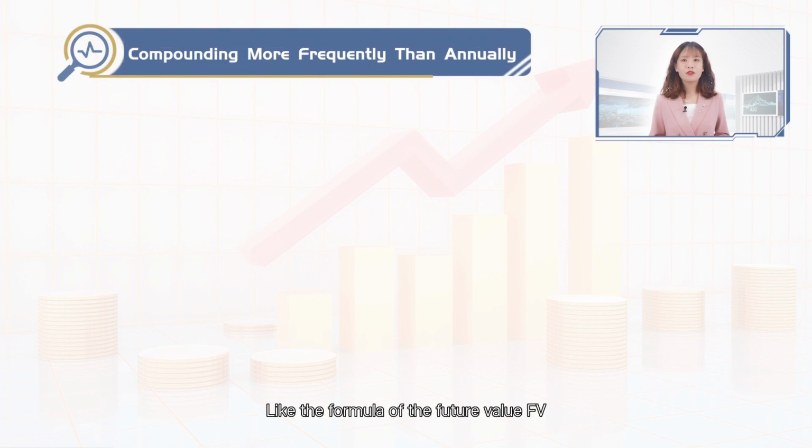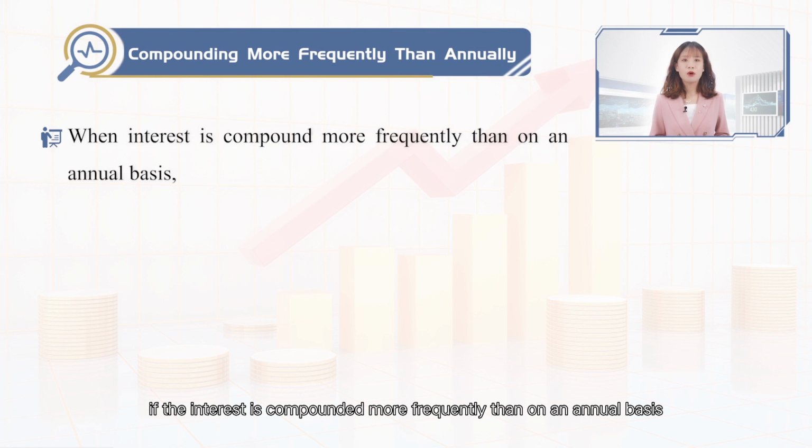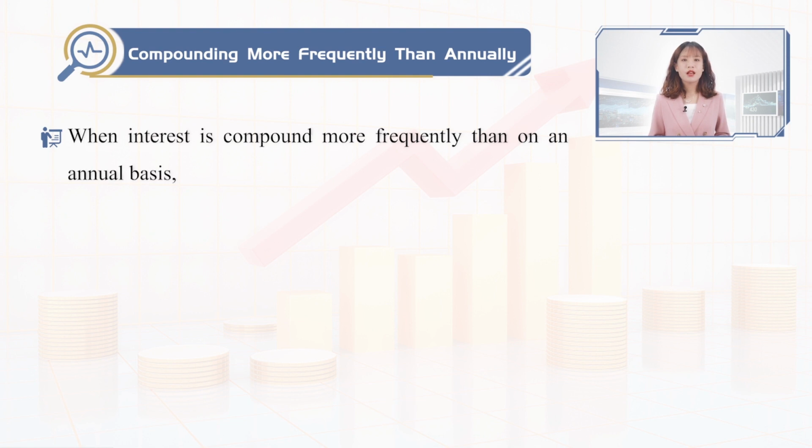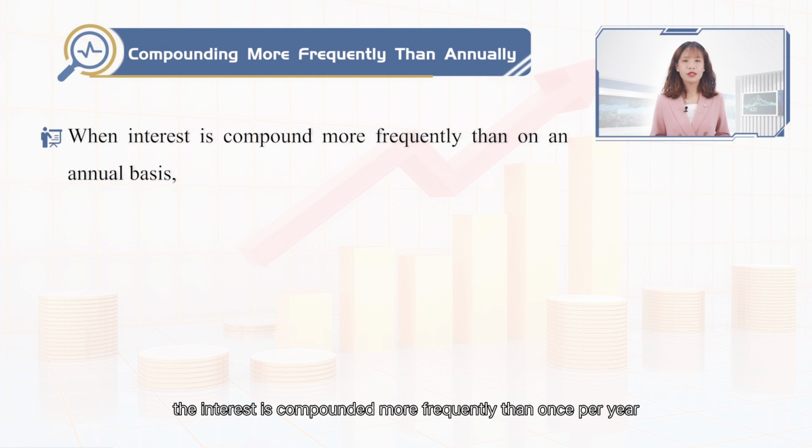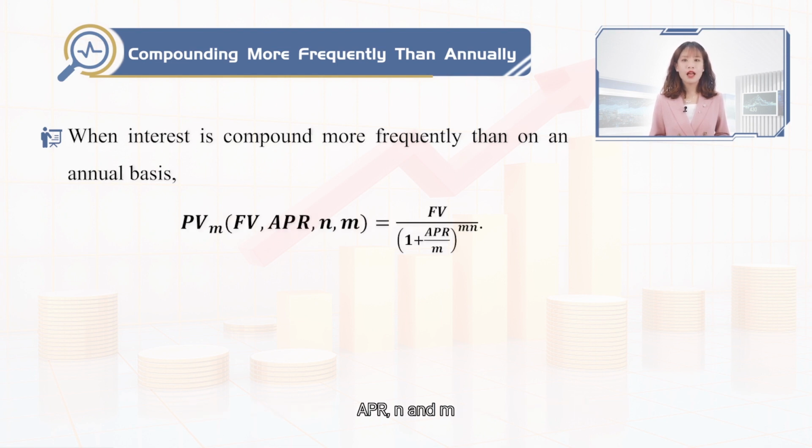Like the formula of the future value FV, if the interest is compounded more frequently than on an annual basis, that is, more frequently than once per year, the formula for present value should be modified to PV at FV, APR, N, and M is equal to FV divided by 1 plus APR over M to the mth.